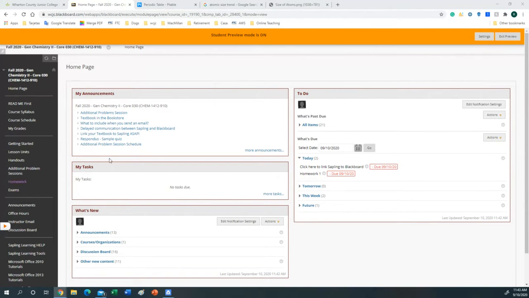So let's go step by step here. Most of these things I think you already know, but just in case. First, good news. If you haven't bought the lab manual, well, there was no way for you to buy it anyway, but the lab manual is available now in the bookstore. It is, I think, $27, something like that.